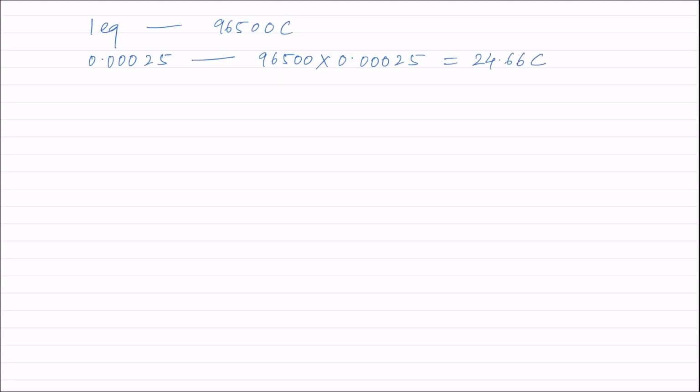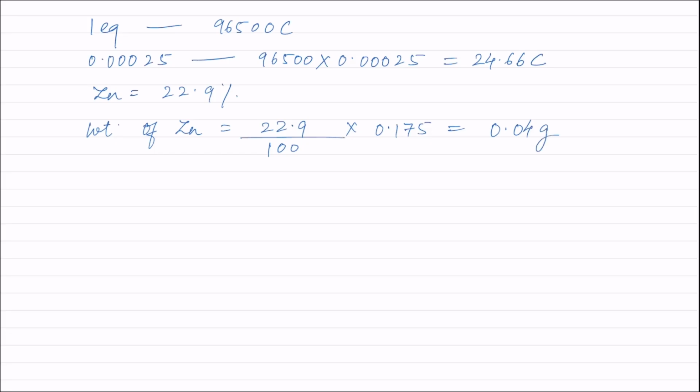which is equal to 24.66 coulombs. Now percentage of zinc present is 22.9%. Therefore, weight of zinc will be equal to 22.9 divided by 100 into 0.175 grams, and this is equal to 0.04 grams. Now equivalents of zinc will be equal to weight of zinc, that is 0.04 grams, divided by equivalent weight of zinc, that is 65.4 divided by 2, where 65.4 is the atomic weight of zinc and 2 is the valency factor.